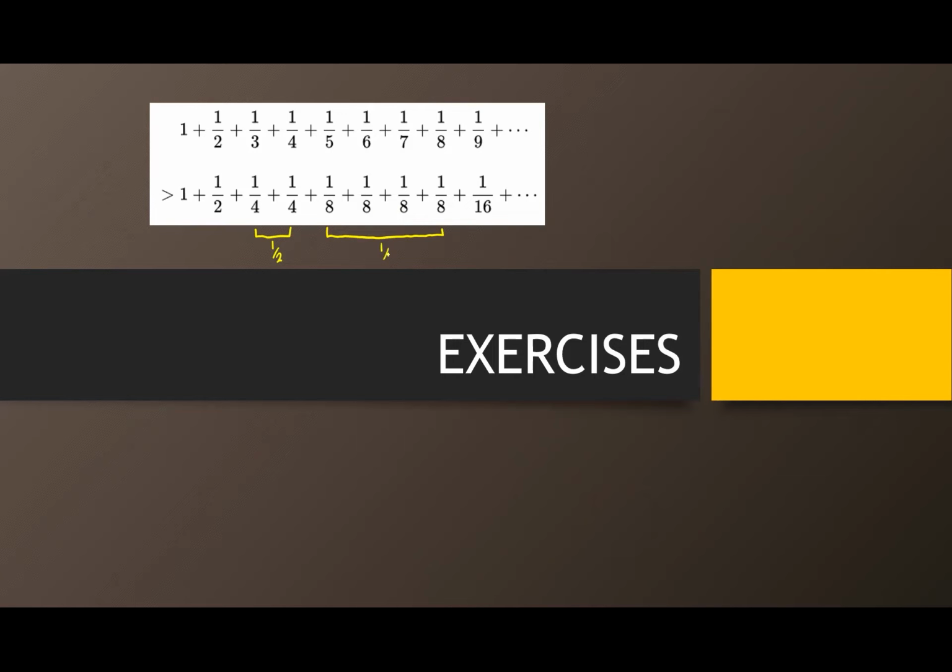Isn't this also 1 half? And this one continues with all 1/16s. It's also 1 half. So look, an infinite number of 1 halves. Isn't that divergent, if the number of 1 halves is infinity?